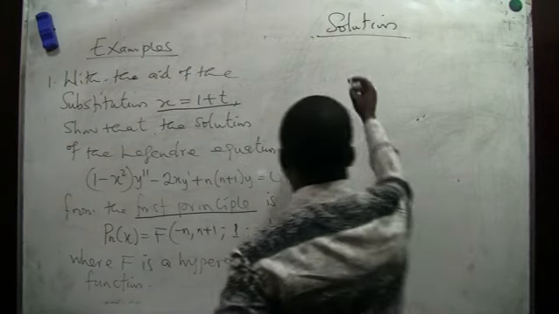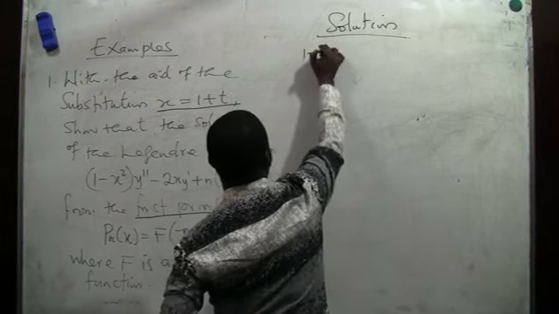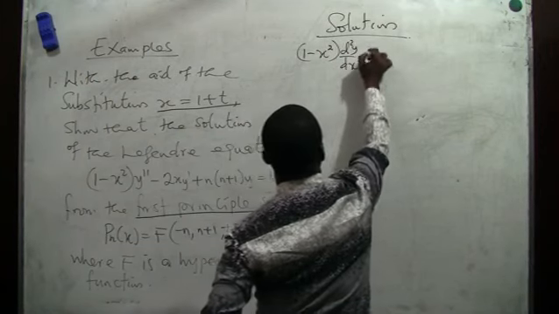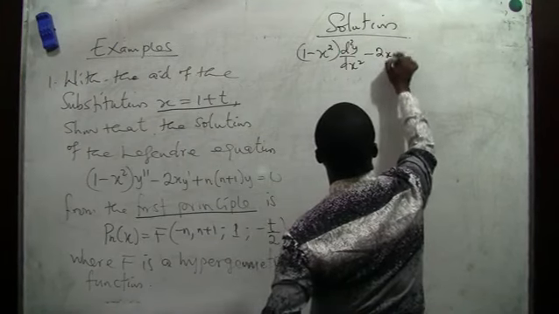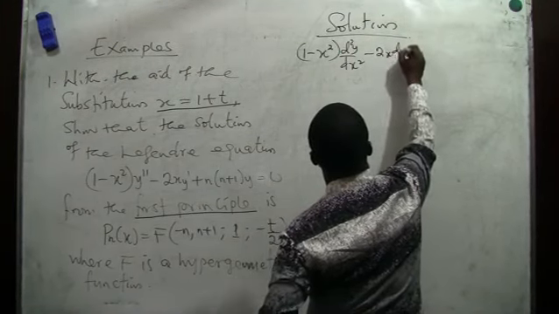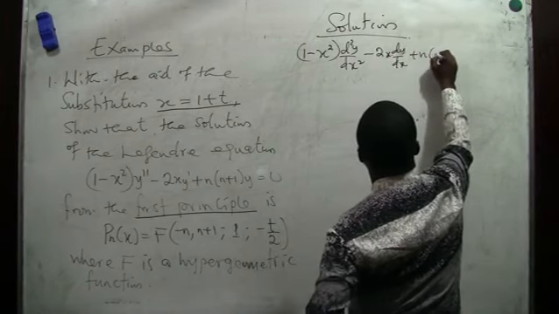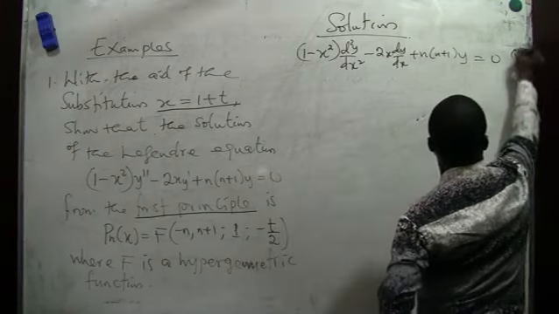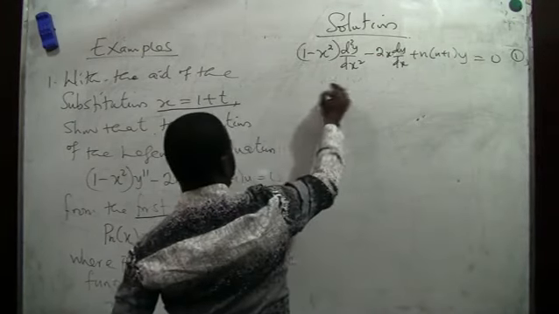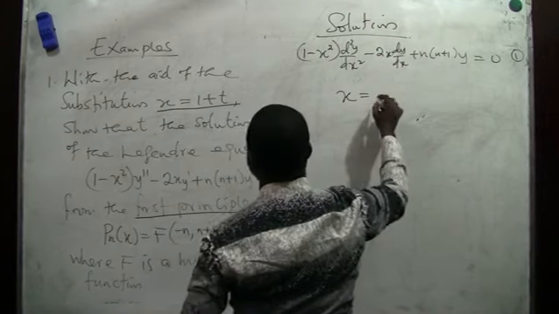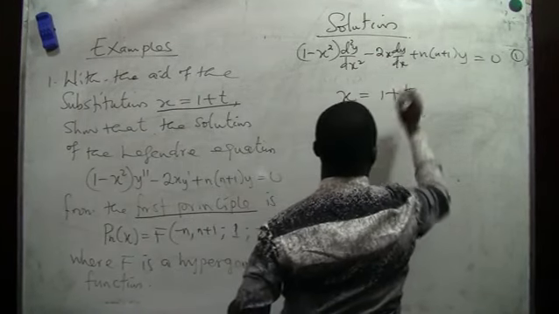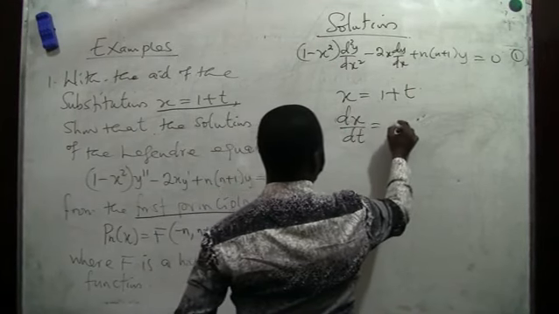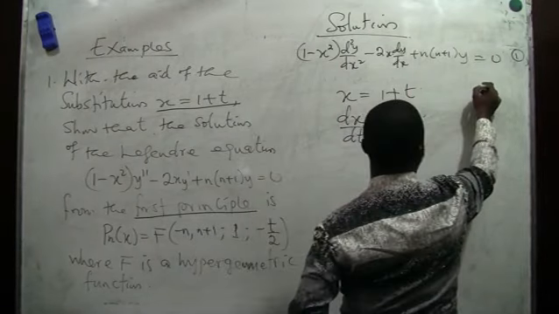Now, the Legendre equation: (1 minus x squared) d squared y dx squared minus 2x dy dx plus n(n plus 1) y equals 0. Let us call this equation 1. Now our substitution, x equals 1 plus t, that's what we have. Then automatically dx dt becomes 1. Call this one equation 2.